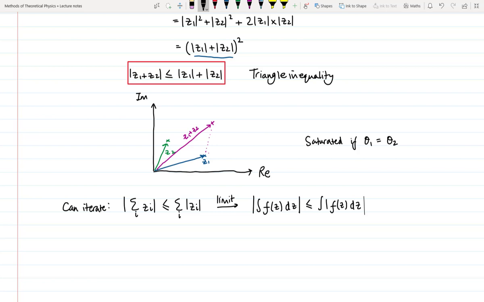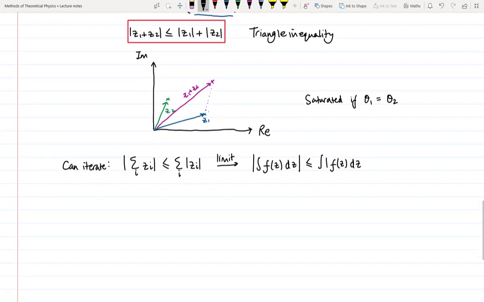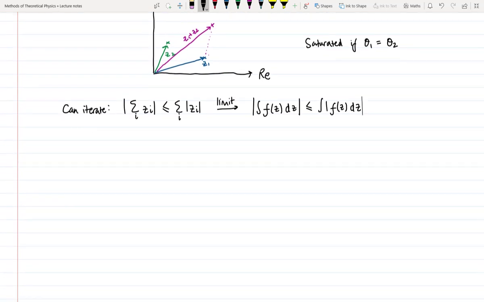We will use this relationship later in the course when we're interested in bounds. We're now going to look at trigonometric and hyperbolic functions and how they are related through complex numbers.